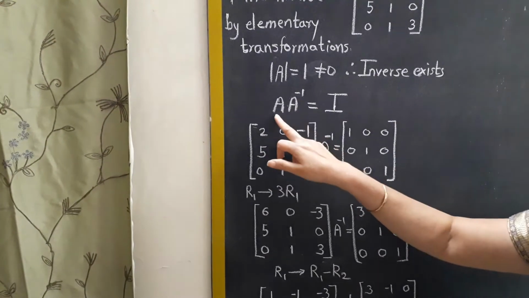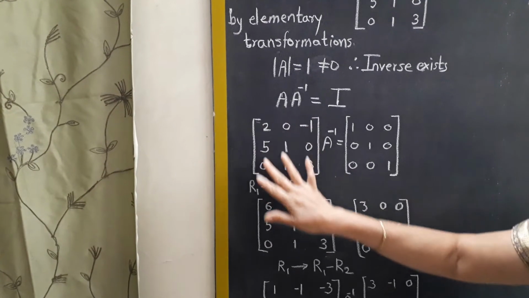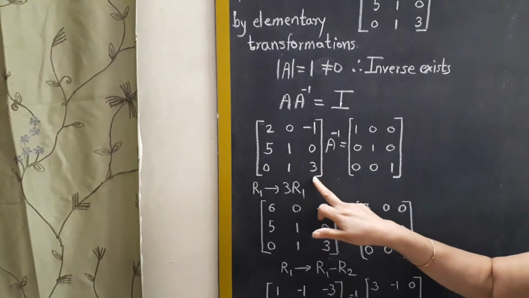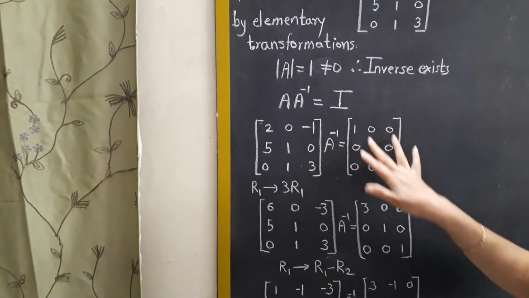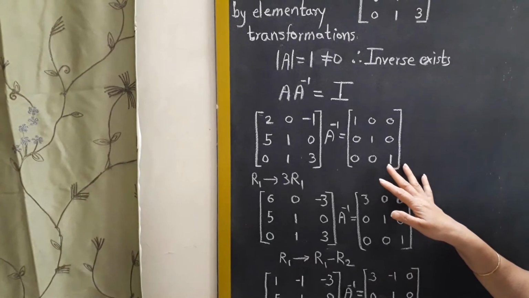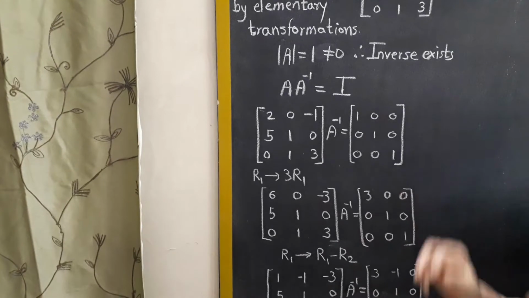Remember that since it is a prefactor, the known given value of A is to be written like this, and the identity matrix also you can write directly. Now the first step, this is where we will start.